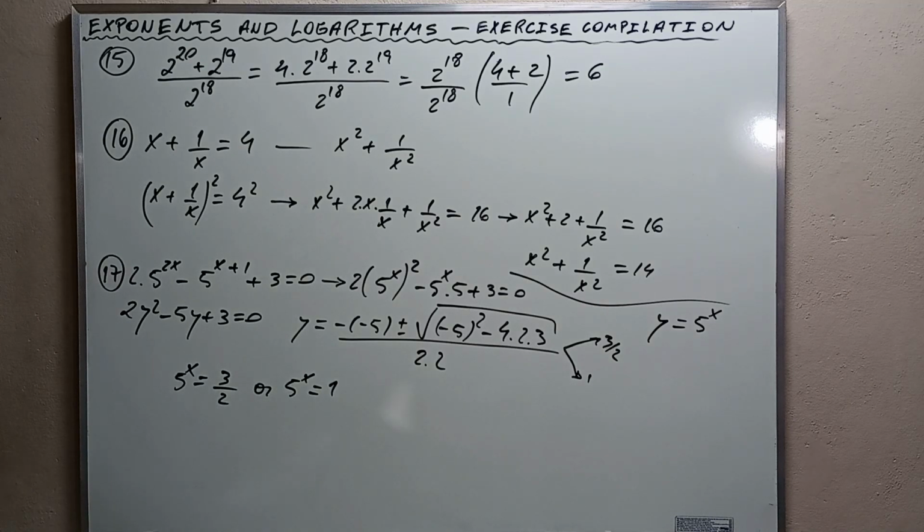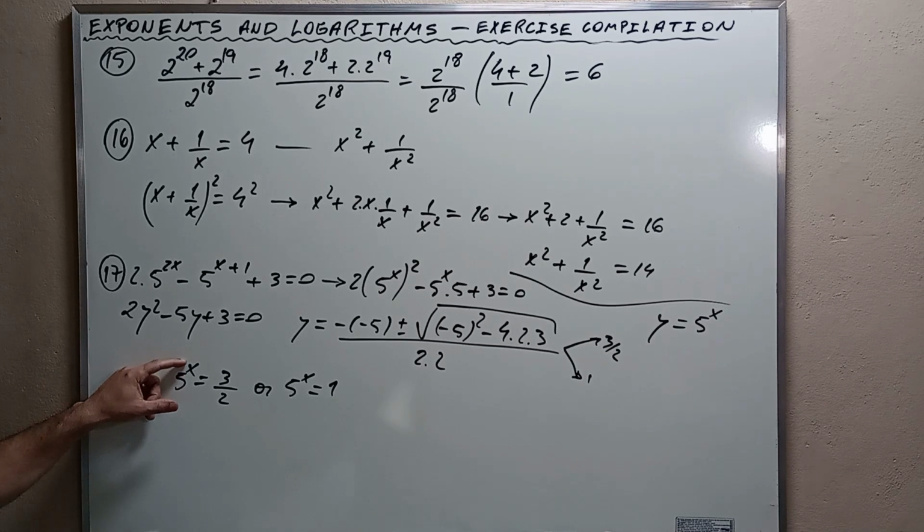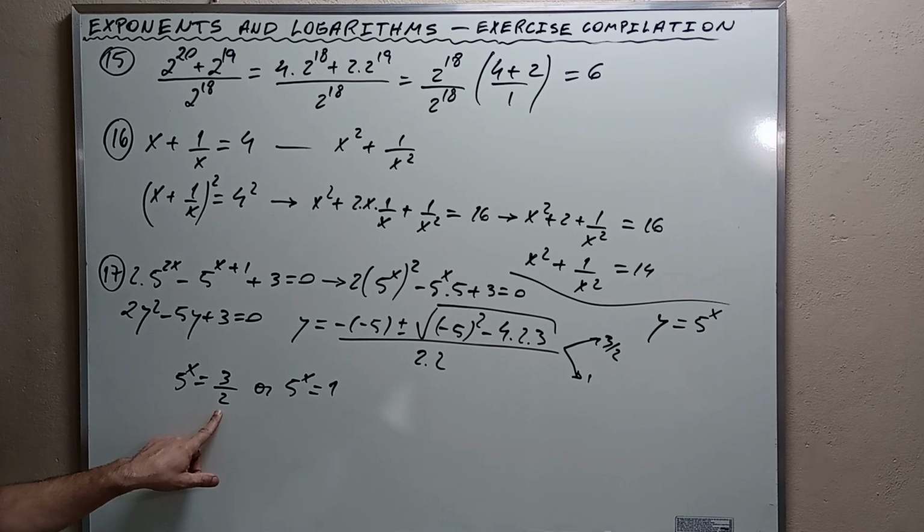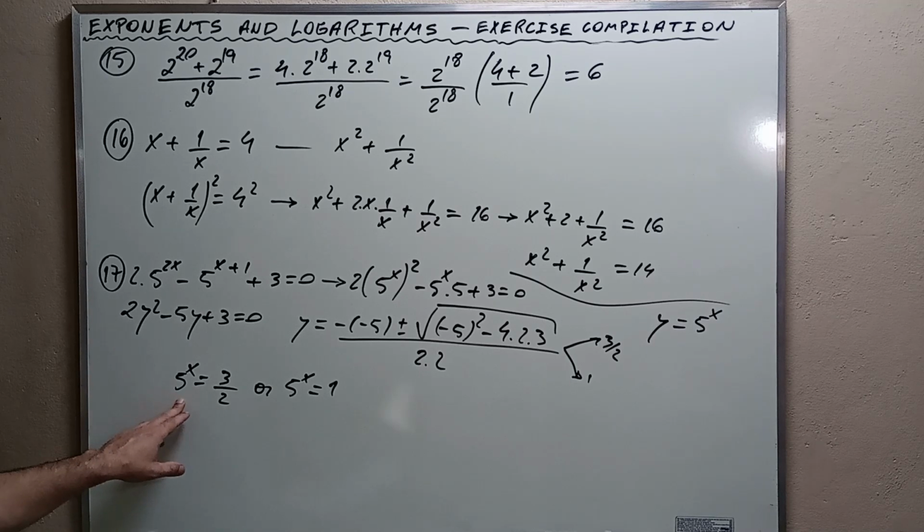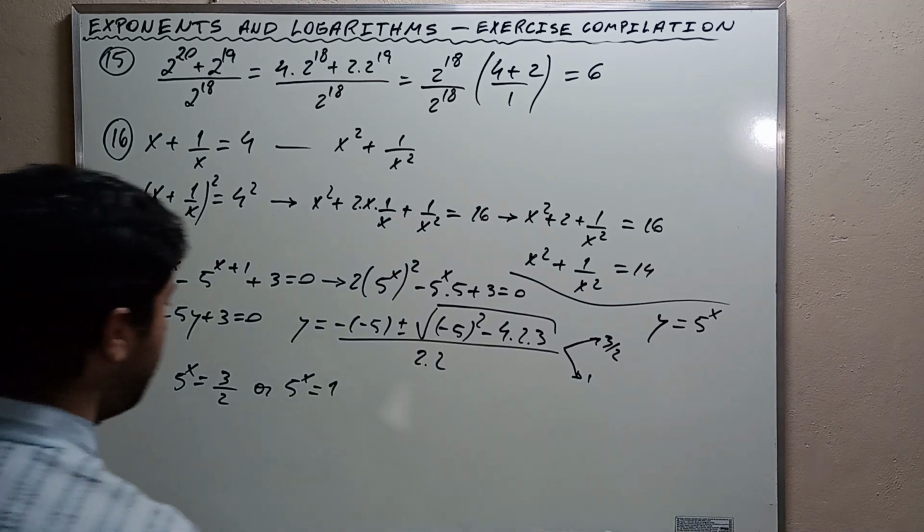Observe that there is no integer. This is very important. There is no integer x that makes 5 to the x return 3/2. There is no integer solution to this equation here. And the only solution is going to be here.